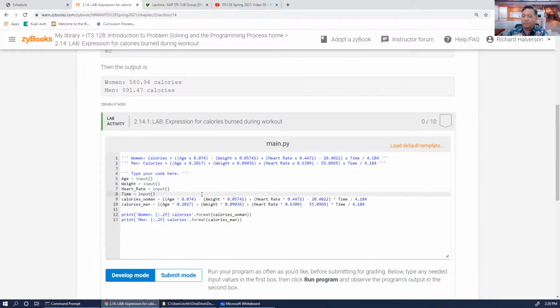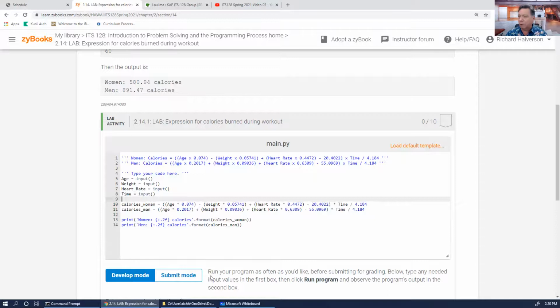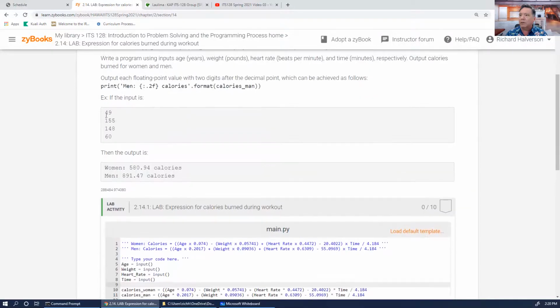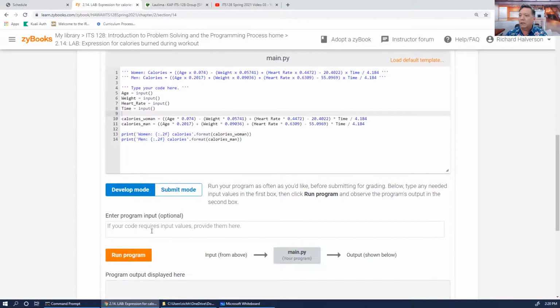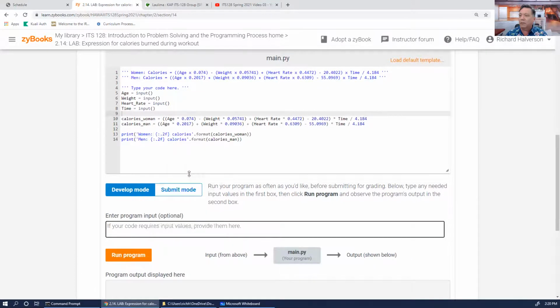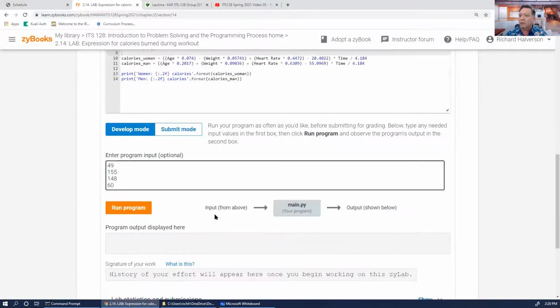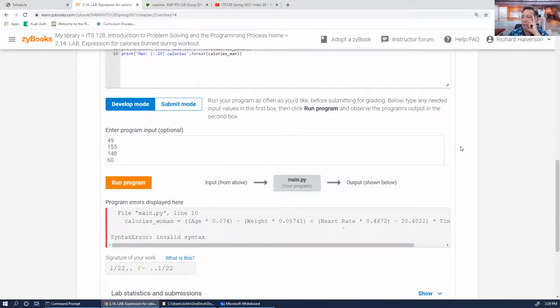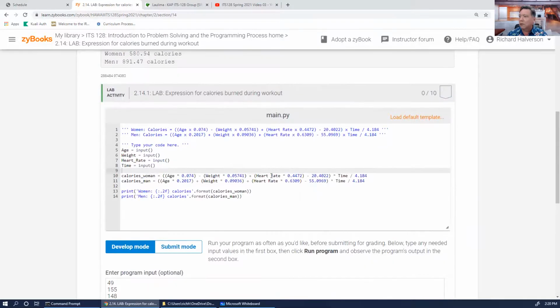All right. I don't know if this is going to work. Let me just try it. Let me put these numbers there. Copy. Paste. Okay, there are those numbers. Develop mode. Run program. Oh. Heart rate.